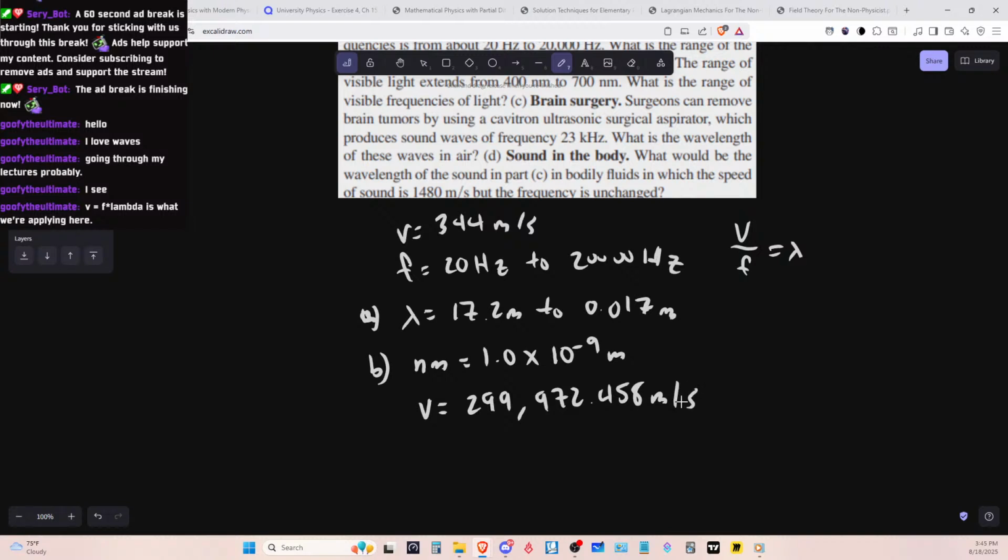I think that's how the speed of it goes. Either these numbers are switched around, or the last 6 digits are switched around. 299,972,458 meters per second. I'll probably find out when I'm calculating this.